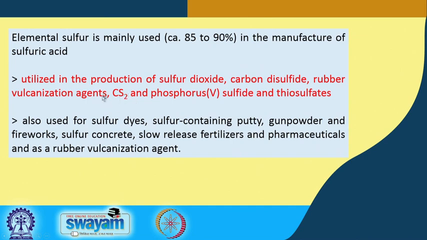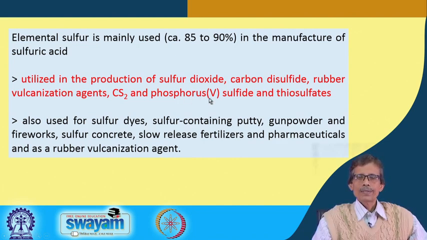Then, as we have seen, phosphorus pentasulfide production as well as thiosulfate production. This also we have seen earlier, how P4S10 can be produced from elemental phosphorus as well as elemental sulfur. Earlier we discussed how we produce phosphorus from the mineral or ore source.